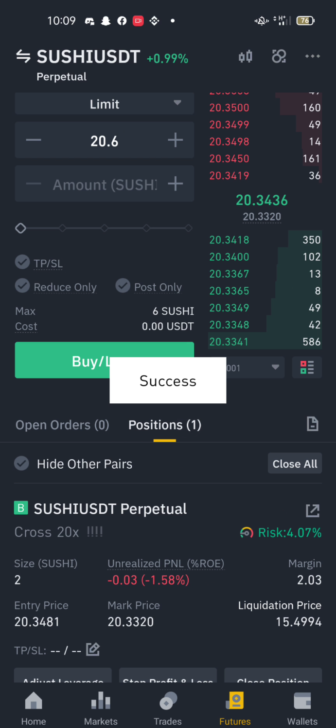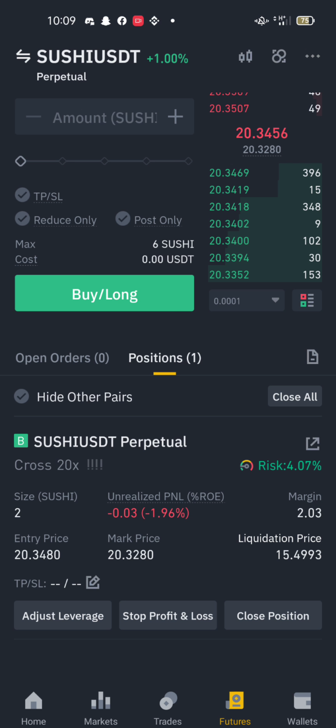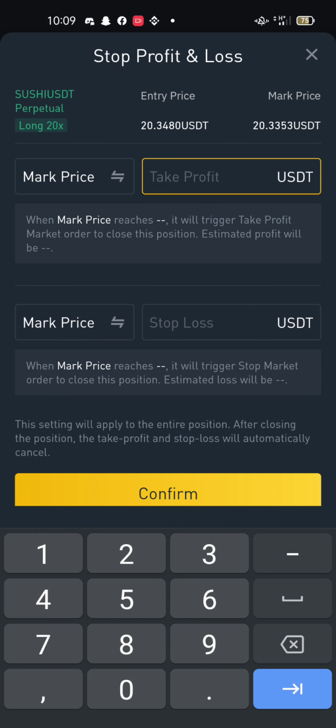So it is succeeded. Now, once you put the order, you can put your take profit here. This take profit and stop loss is like a single order. If you put a take profit here, like for $24, you will get $7.3 over your overall trade, for example, and your trade will be closed.